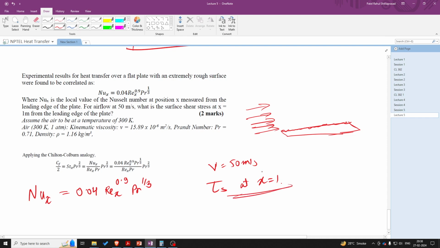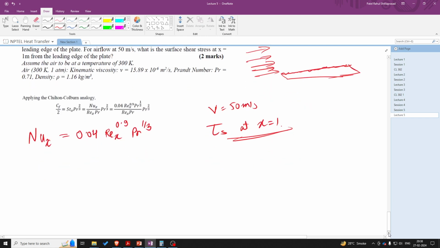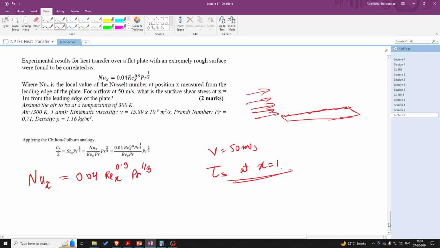So we know that this factor Cf is defined as the friction coefficient, tau_s upon half of rho u infinity squared, that is velocity squared.